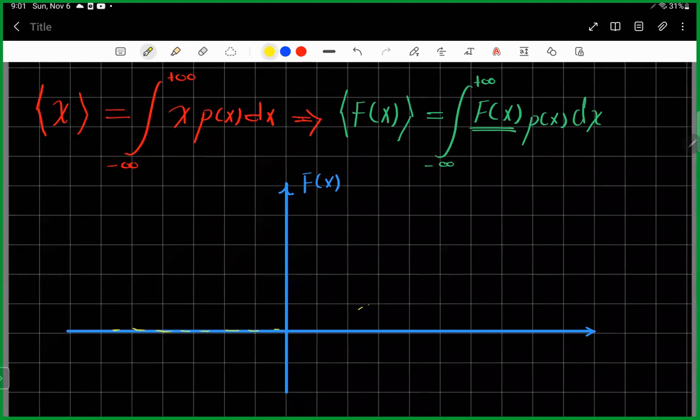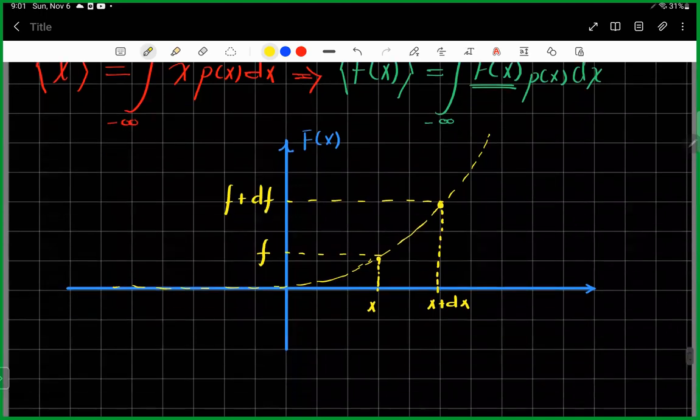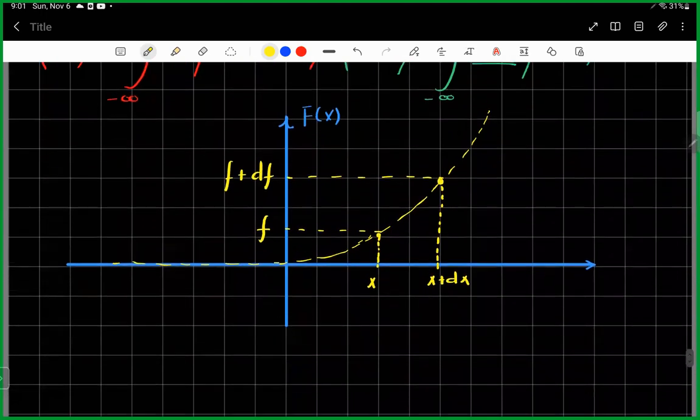Let's consider that this is the function f. And in this interval, this is x. And here we have x plus dx. Here we have a value of f. And here we have a value of f plus df. Okay. So I think this plot is quite useful.